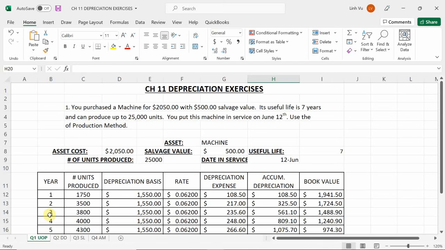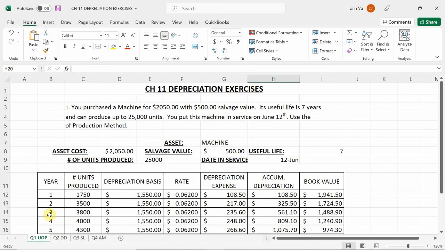Why am I calculating that? It's because I cannot depreciate the entire amount of my asset, because at the end of its life it must have a remaining balance or a remaining value of $500.